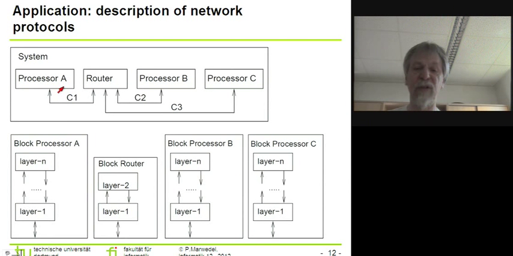So you see the three different processors there. You see the channels over which we are connecting these processors. And then at the next lower level, we are describing communication within the computers or processors.